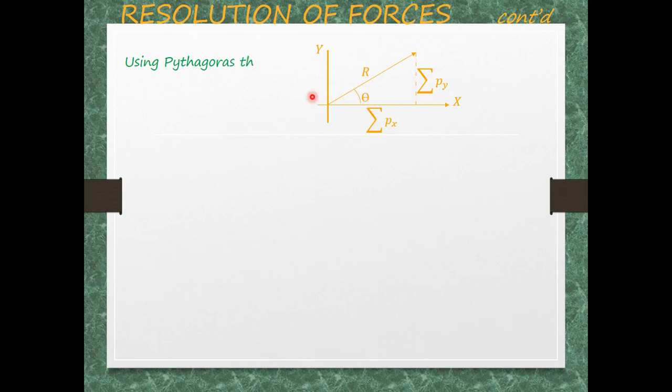So using Pythagoras theorem, we have R squared equals the bracket of summation p subscript x squared plus summation p subscript y squared.